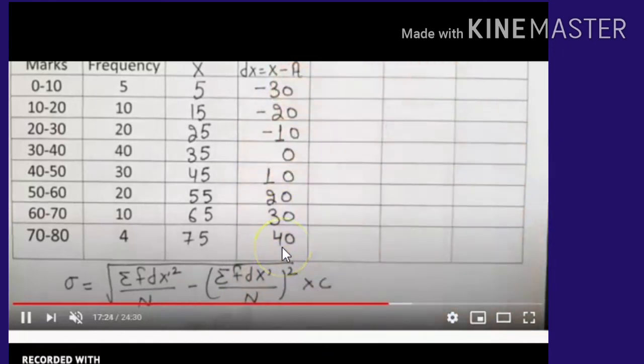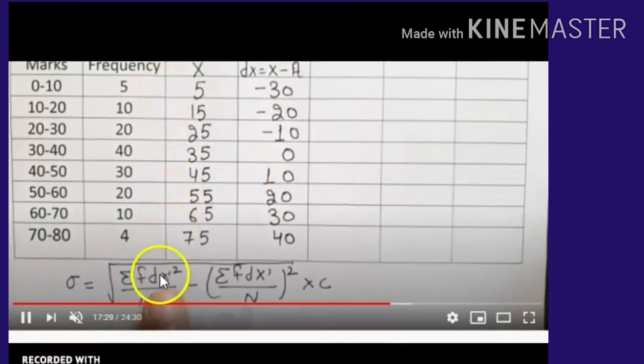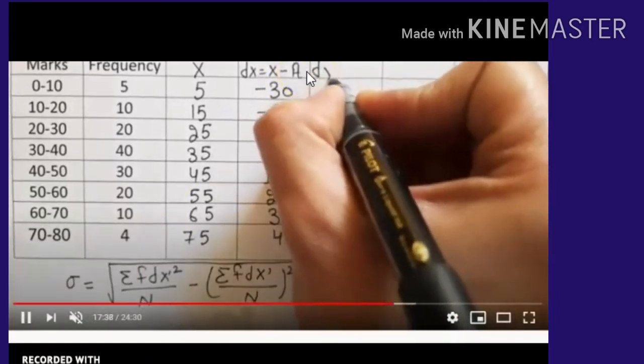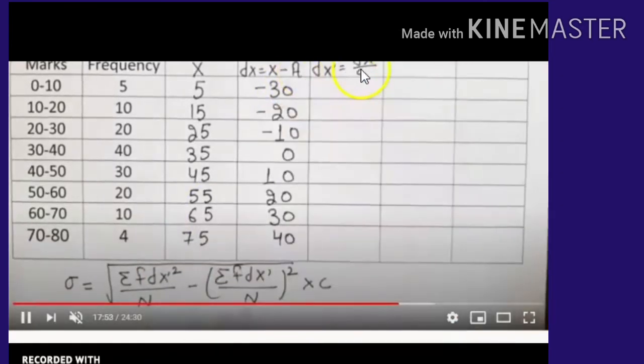Next you need the column as you had done in previous values, that is dx dash. So how will you find dx dash? Dx dash is equal to dx by c.